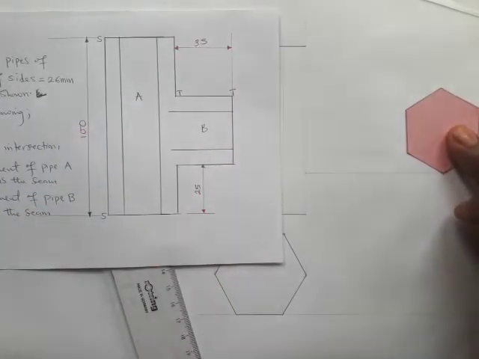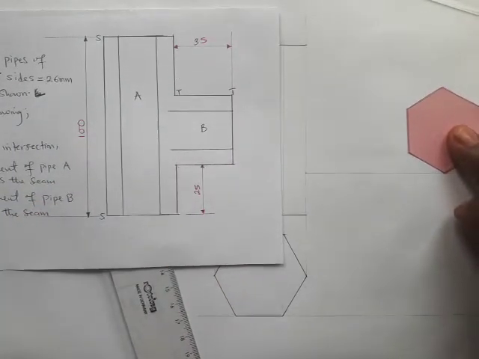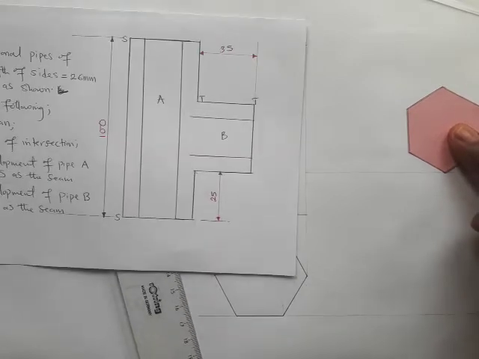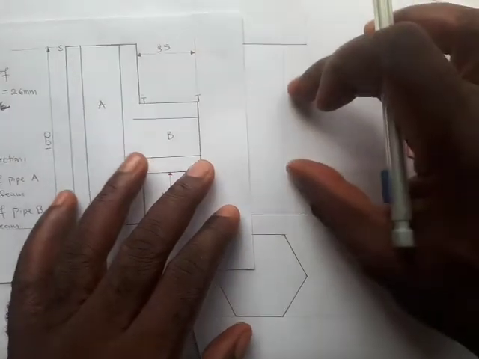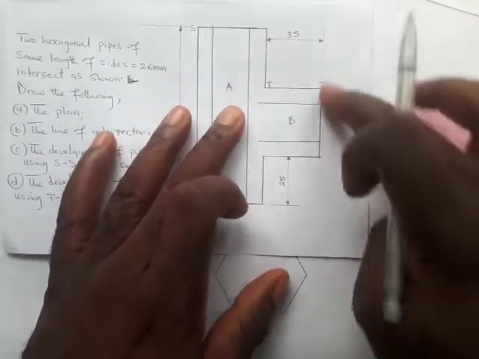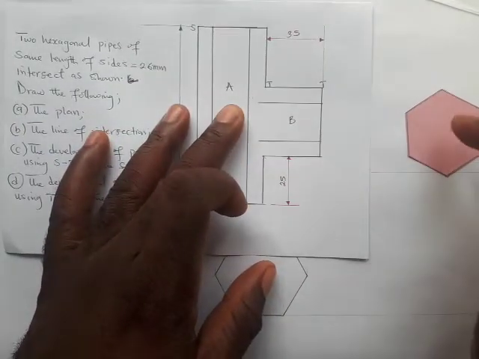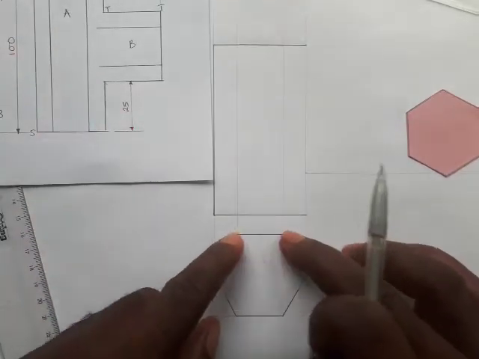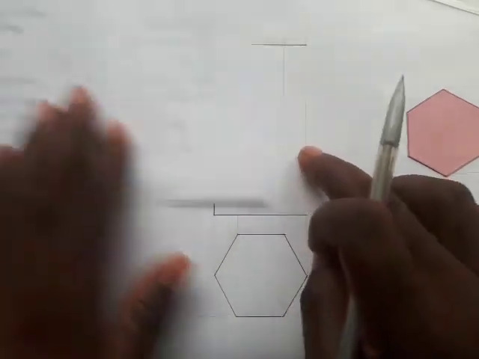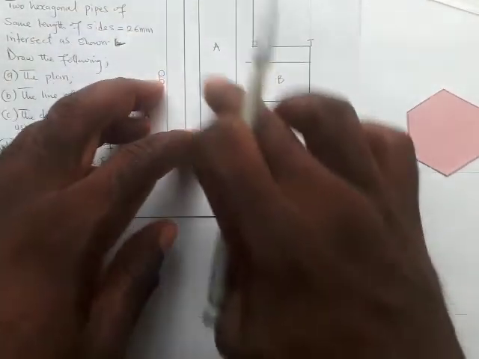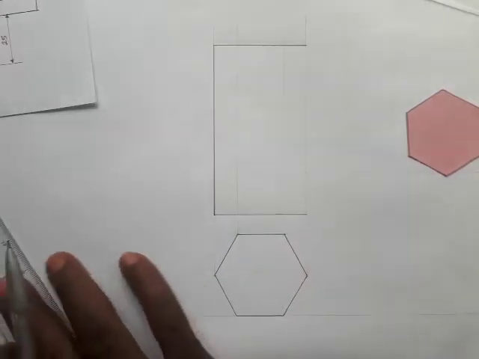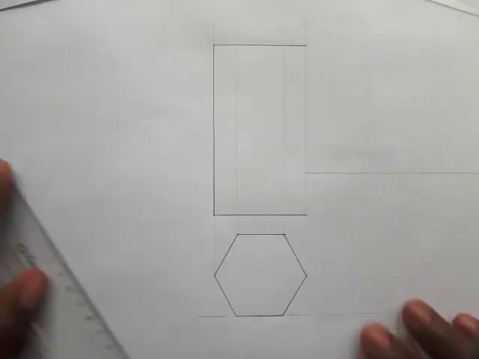So you're going to draw a thin hexagon here, somewhere here. All right, I hope that's clear. Then you're going to move the points into this one to form this elevation, because you can't get this elevation without first of all drawing the hexagon, just like we drew this hexagon to enable us get this elevation. That's the front elevation of this pipe A. So I hope that's clear.